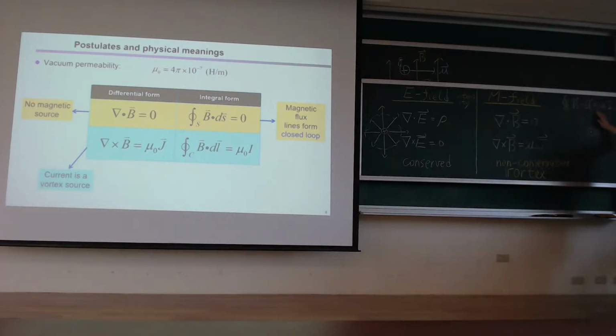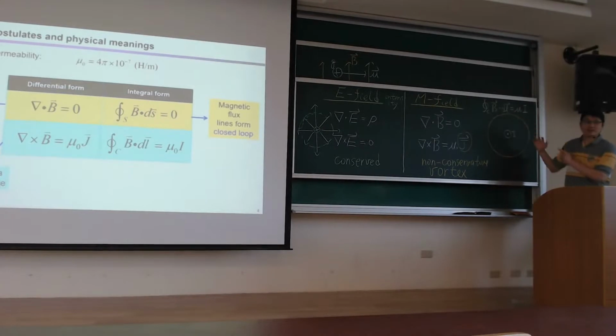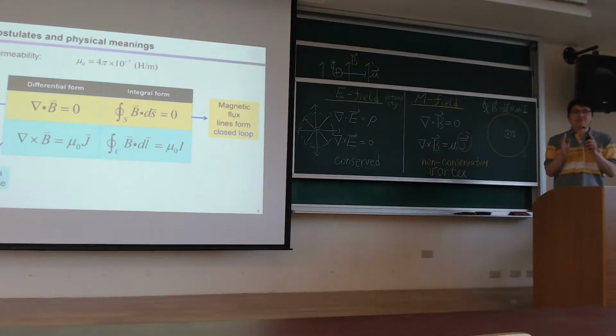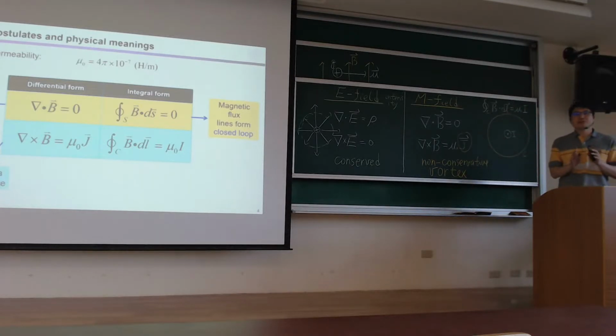This equation is telling you, if I form a closed loop, right? This is my C. If this closed loop has some current enclosed inside it, then on this closed loop I must have some magnetic field lines, right? In this situation, I ask you to pay particular attention to the directions of the field and the current.